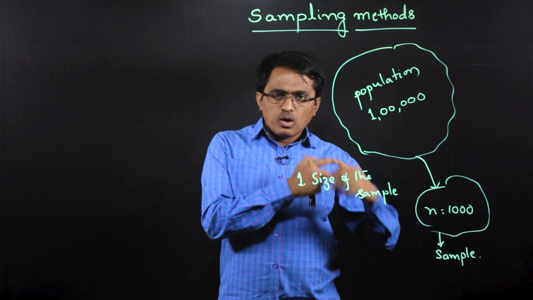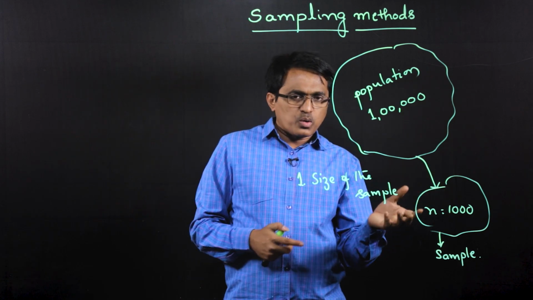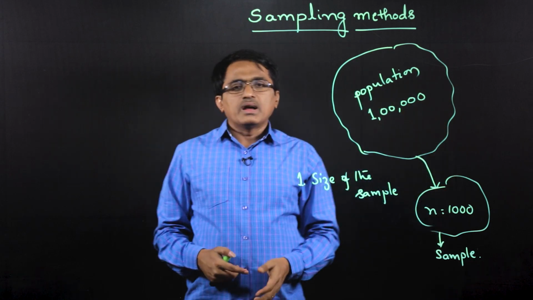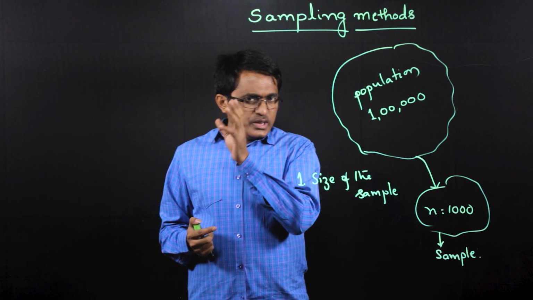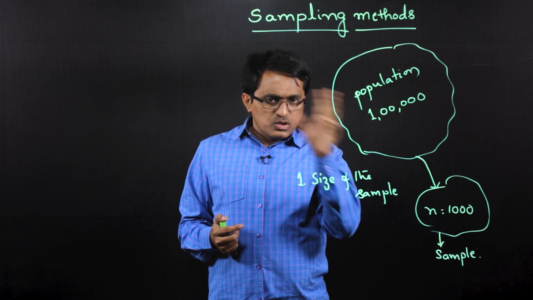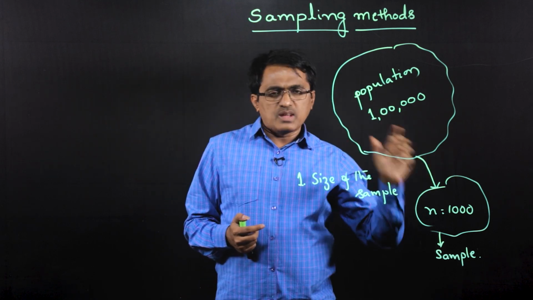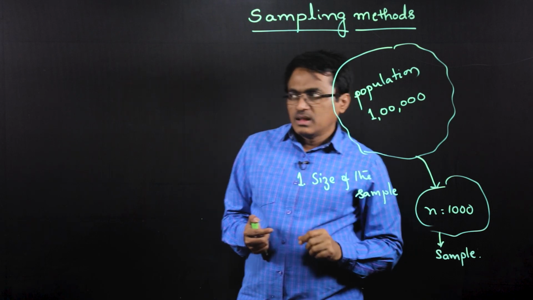The outcome from this 1000 may not reflect the entire population, which is very large. So, we need to be very careful in selecting the size of the sample. That is the first thing.